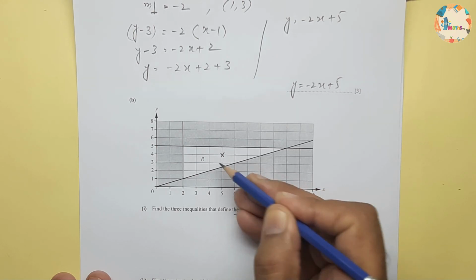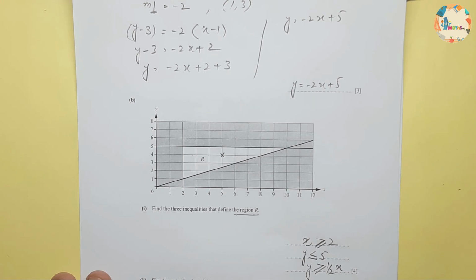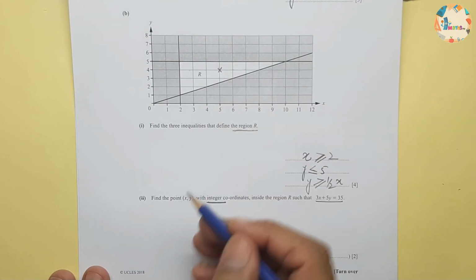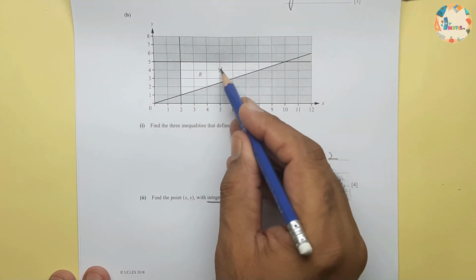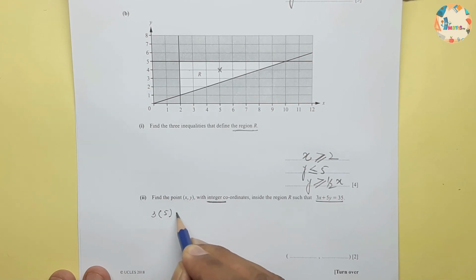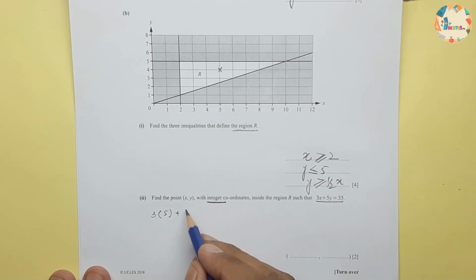If we take this point, it has 5 and 4 coordinates. So x value is 5 and y value is 4.